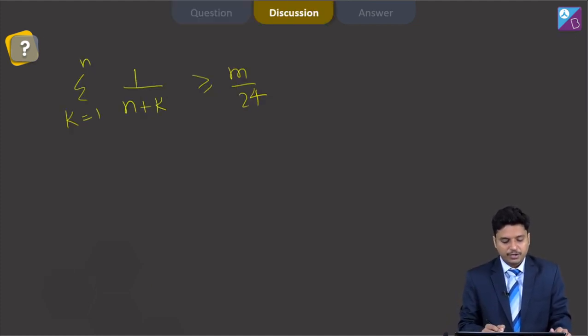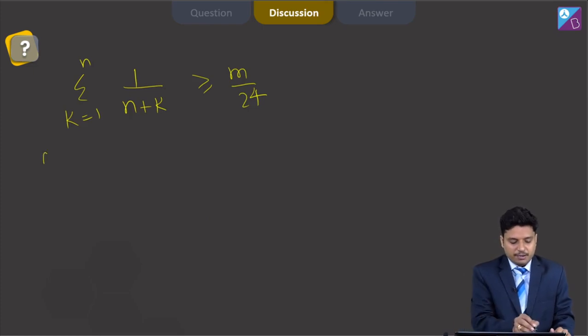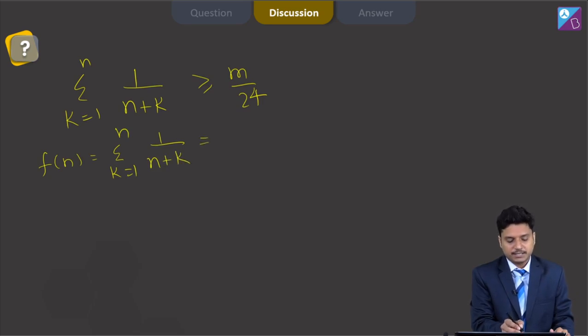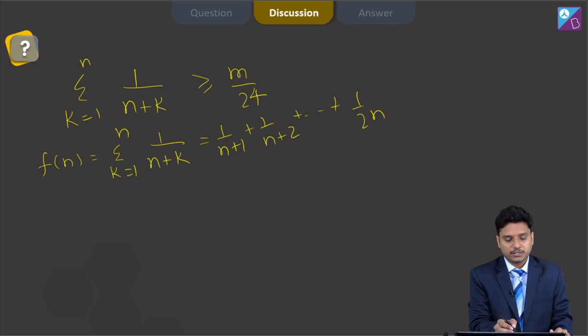Okay. So what we can observe is, if we consider a function f(n) equal to the summation over k equal to 1 to n of 1 upon n plus k, what will this represent? This will have terms 1 upon n plus 1, 1 upon n plus 2, up to 1 upon 2n, as k is varying from 1 to n. So the first term will be 1 upon n plus 1, the second 1 upon n plus 2, the third 1 upon n plus 3, and the last term will be 1 upon n plus n, so 1 upon 2n.